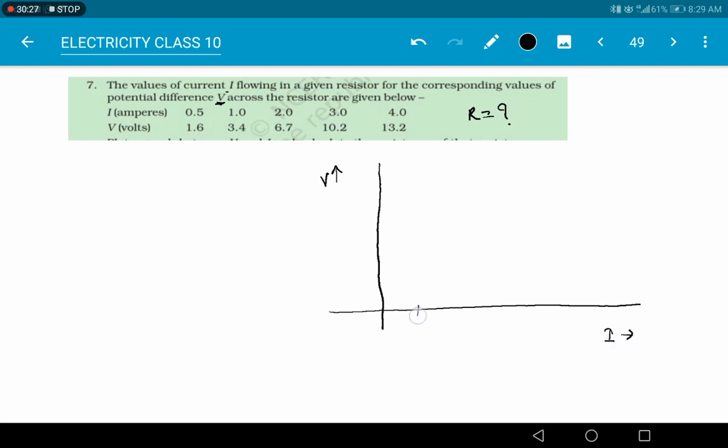For ampere values we can take 0.5, 1, 1.5. Let us take the graph somewhat clear.